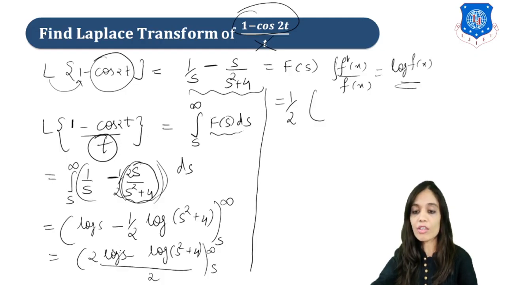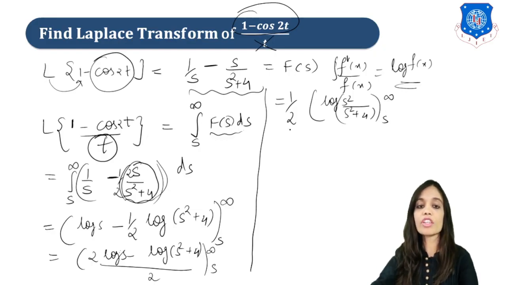So log s square minus log s square plus 4. That is log a minus log b. So what we will get? Log s square upon s square plus 4, right? And the limits are what? s to infinity. Now you can see there is an indeterminate form when we put infinity as the limit. So in order to simplify this, what we will do?